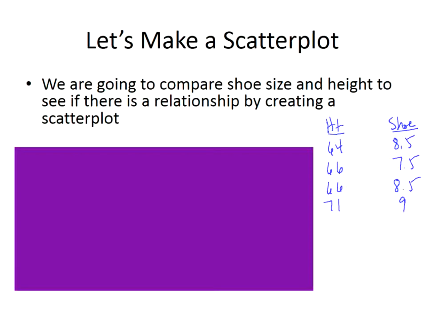And 71 and a 9, and a 70 and a 10.5, and a 67 and a 9, and a 72 and an 8, and then a 67 and a 9, 80, oops, that's not right. So this should be 61 and an 8. Then we have a 69 and a 9.